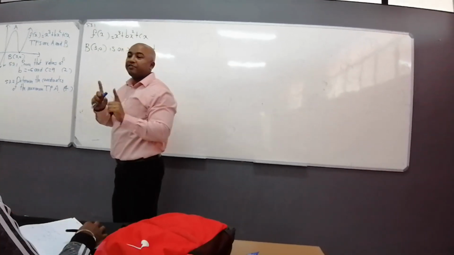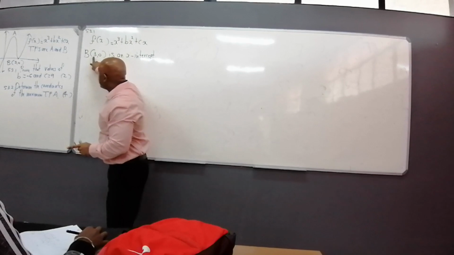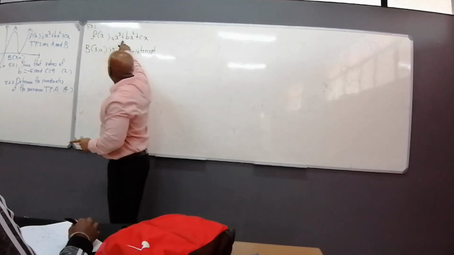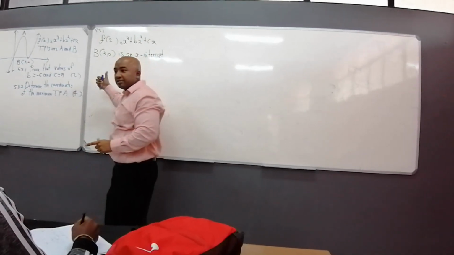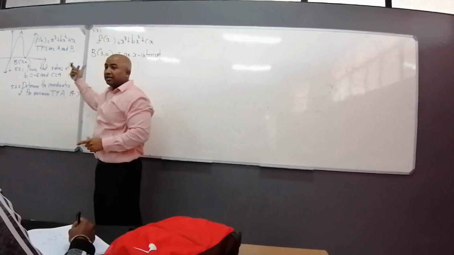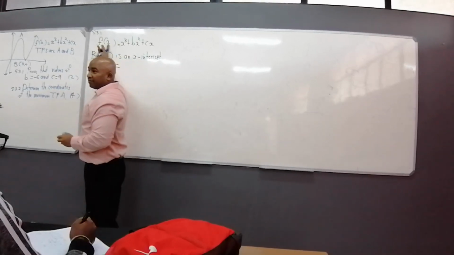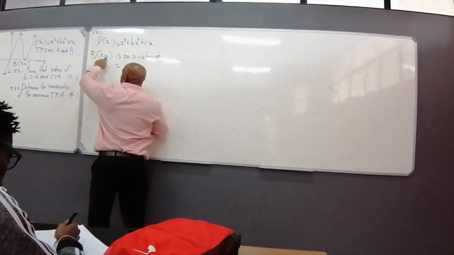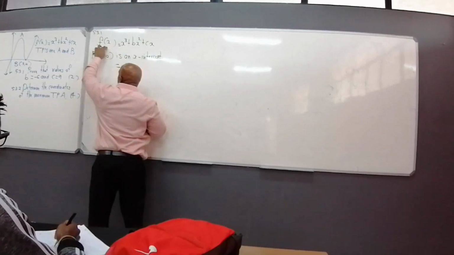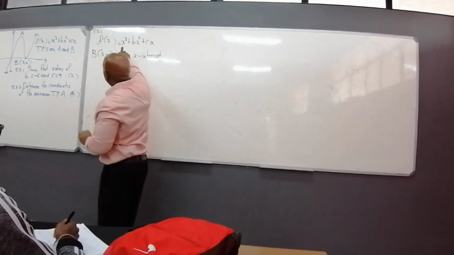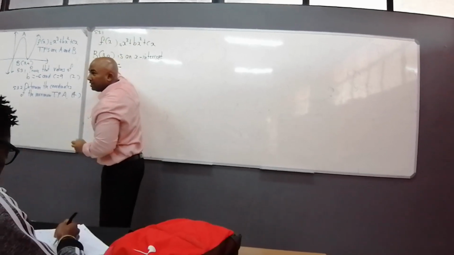So let's use this fact that if I substitute x equals 3 into the original equation, what must y equal? 0. So f of x means y. Okay, so I will replace f of x with 0, and wherever I see x, I will replace it with 3.